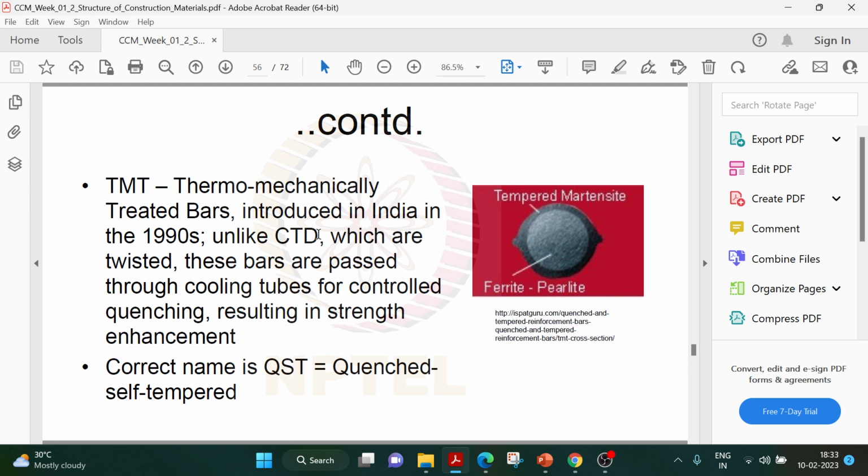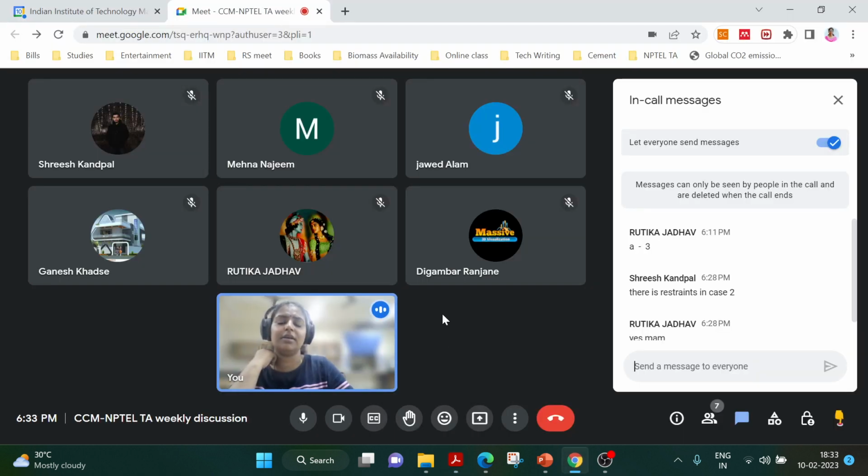That is the correct name, because it is quenched and it is self-tempered to have better performance. That is why we say QST more than TMT. If you take any rebar, it will be thermomechanically treated, so why call it TMT? Quenched and self-tempered is even better to represent the particular rebar. It will be a proper name.